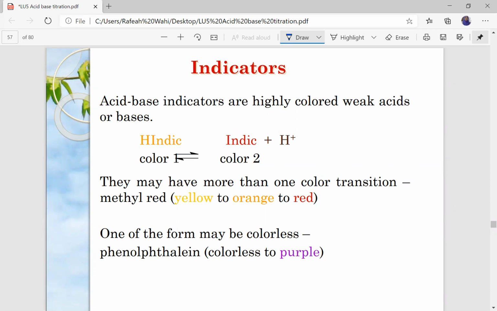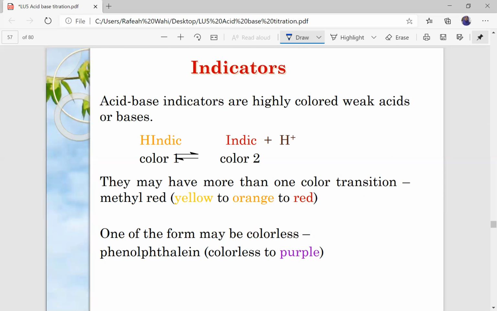Okay, so during a titration at the endpoint, they will change color from color 1 to color 2. And some indicators may have more than one color transition. For example, methyl red can change color from yellow to orange to red.